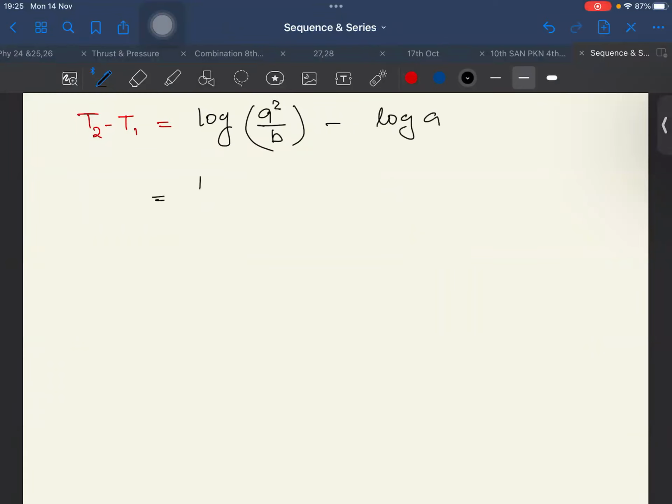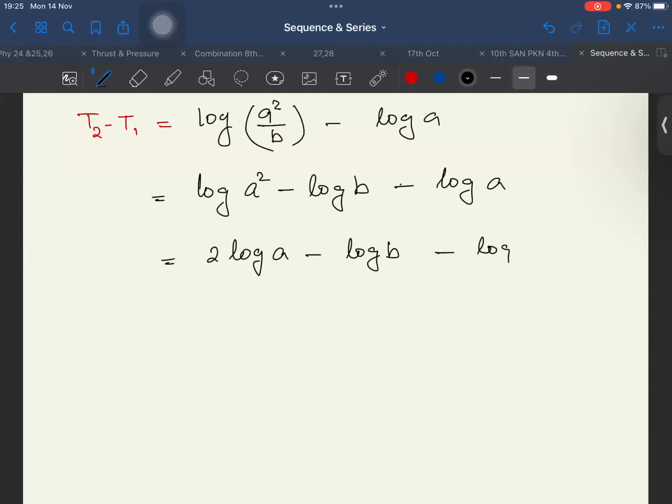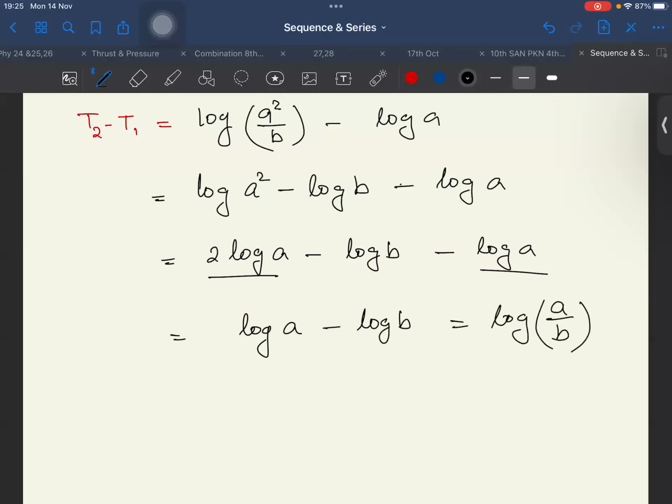So you can write log A square minus log B minus log A. This will be 2 log A minus log B minus log A. So 2 log A and minus log A together give log A, since 2 minus 1 is 1. So log A minus log B, which again you can write as log A upon B. So the common difference is log A upon B, which is common in both, and is also equal to T3 minus T2. Therefore, it's an AP.